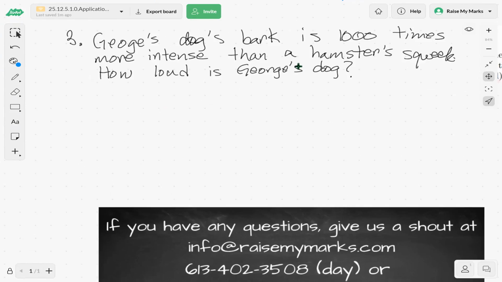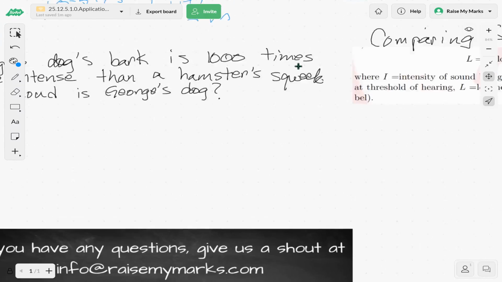So what are we given? We're told that George's dog's bark is 1,000 times more intense than a hamster's squeak.